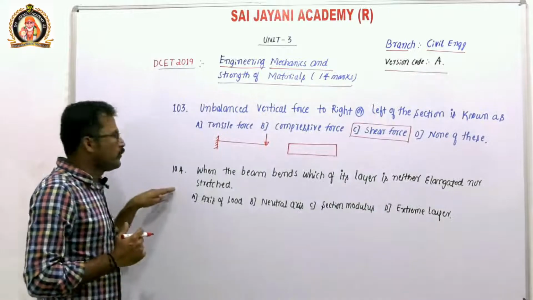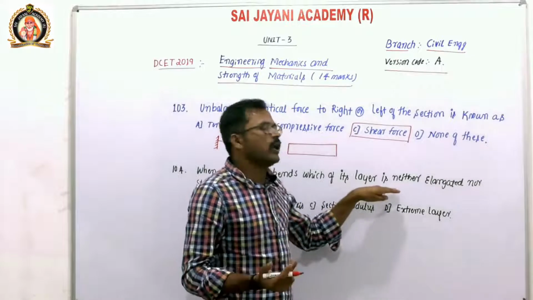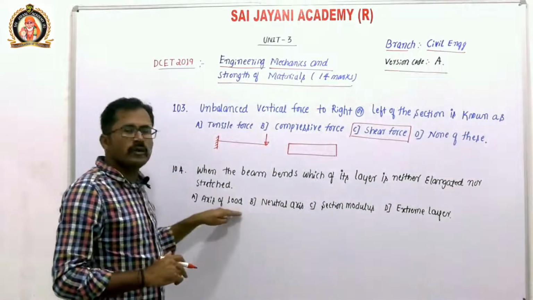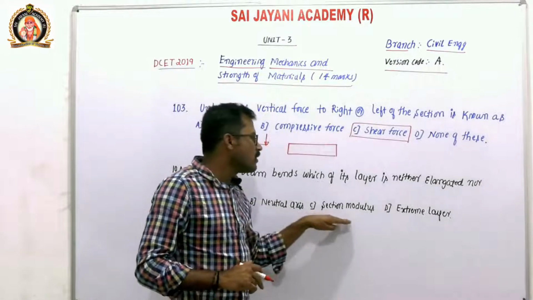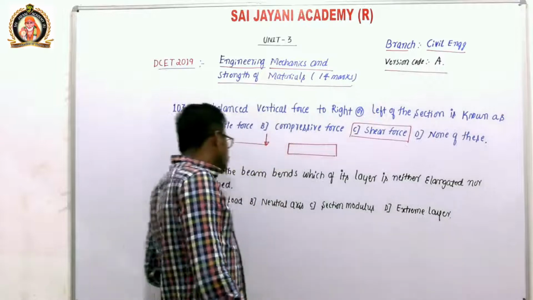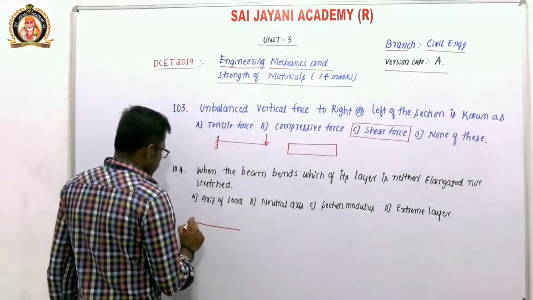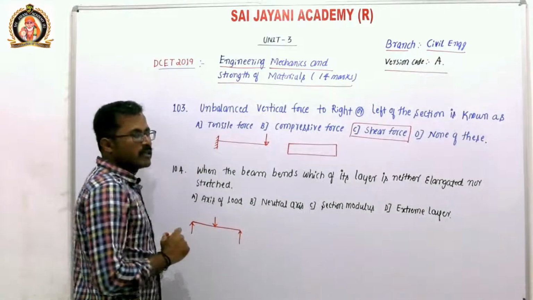Next question 104. When the beam bends, which of its layer neither elongated nor stretched? Option A axis of the load, option B neutral axis, option C section modulus, option D extreme layer. So consider a simply supported beam subjected to point load at its center.